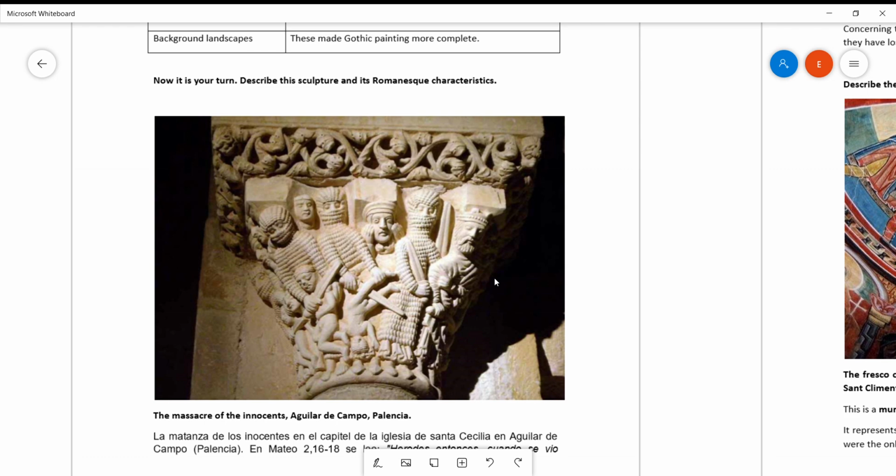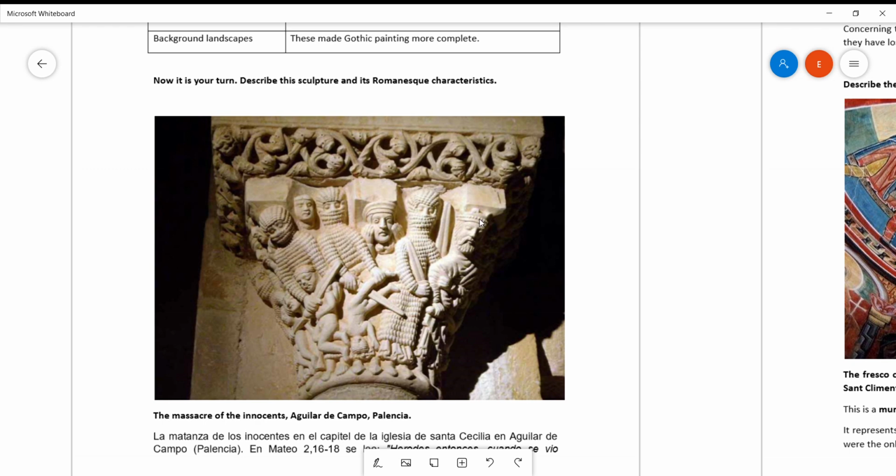Okay, so why is this a schematic sculpture? Because they are representing the soldiers. They all look the same person, with the same coat. So basically, they are not trying to represent a specific soldier that you can recognize as a person, but they are just representing the idea of soldiers.